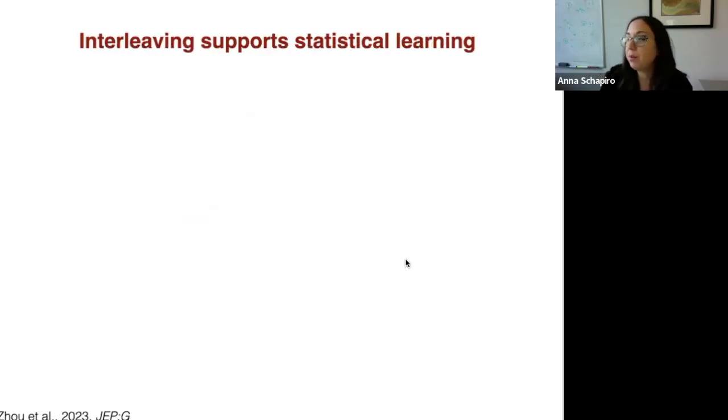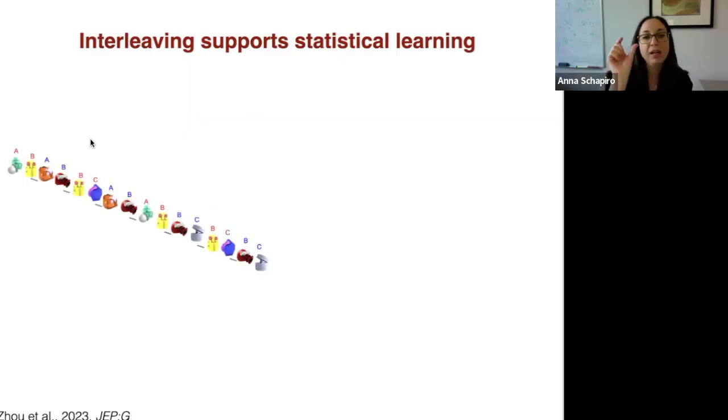And then we thought it would be interesting to turn the experiment into a statistical learning paradigm. So instead of presenting the pairs in these discrete, demarcated episodes, now we're going to show the objects one at a time, and they have to figure out from statistics over time which of these objects are paired together.